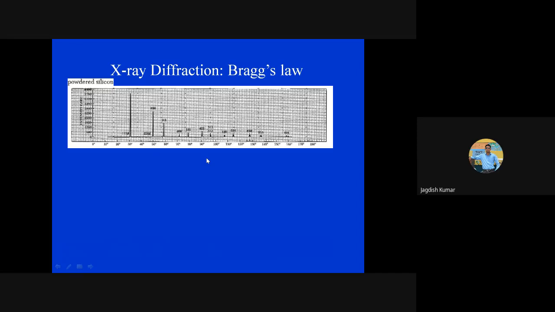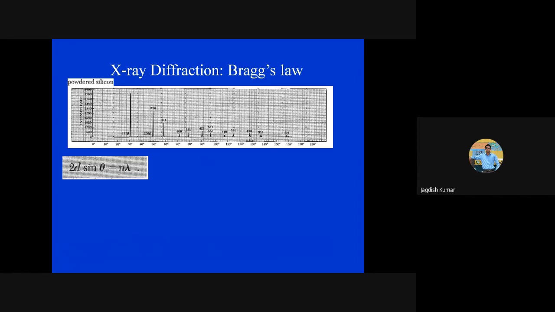Of course, if somebody asks you why we observe the peaks at specific angles, you should refer to Bragg's law, because it is satisfied. It is at specific values of 2 theta, or theta, that you are observing maximum in the intensity of the X-rays.